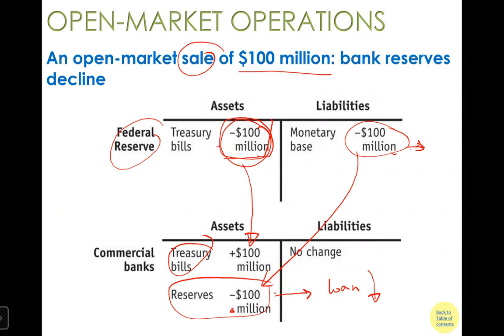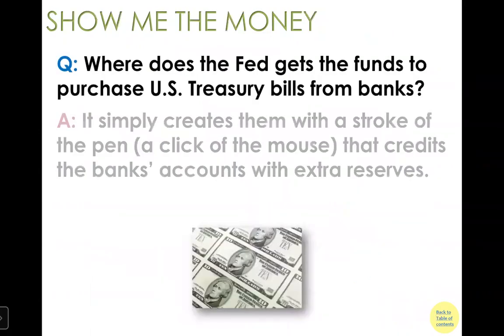So now they have less reserve, right? So the loans reduce, and then the deposits they can generate will reduce, and eventually the money supply will reduce. So that's how the Fed can increase or decrease the money supply via open market operations, right?